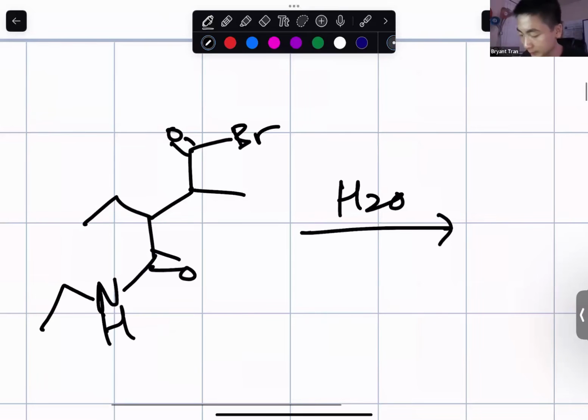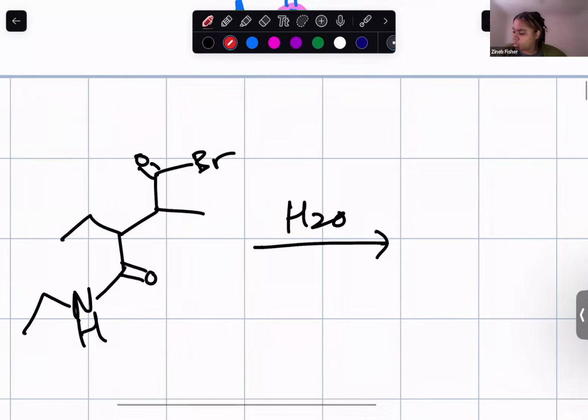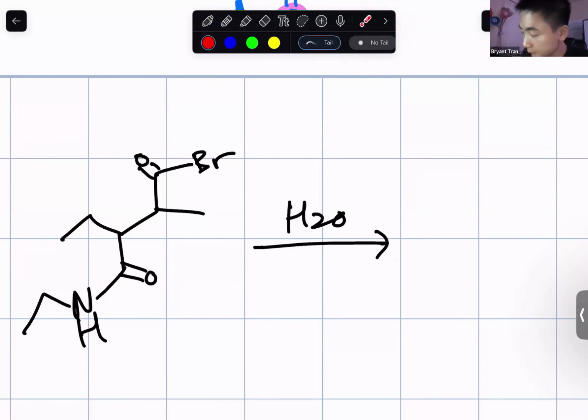How would you approach this problem here? Would it attack the amide? Let's think about the conditions. Are we in acidic conditions, basic conditions, or neutral conditions?